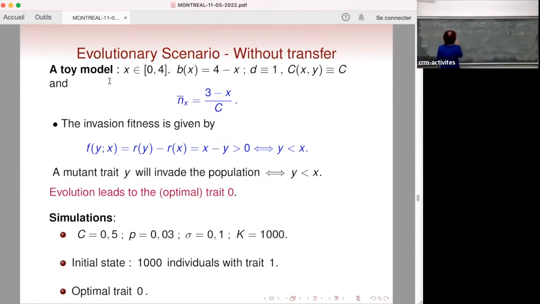So r of x is equal to 3 minus x, so times 2 over 0.5, the constant, that means 4,000. And if we go to the optimal trait, what would be the population size for the optimal trait? It will be K times n bar 0, which will be 1,000 times 3 over 0.5, so it's 6,000. That is to explain the simulation.